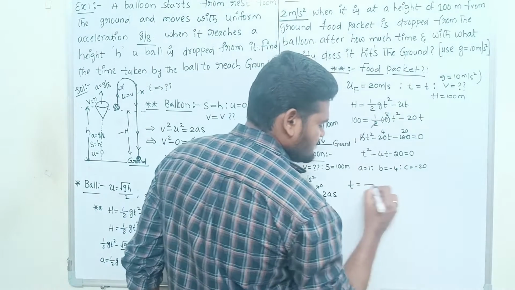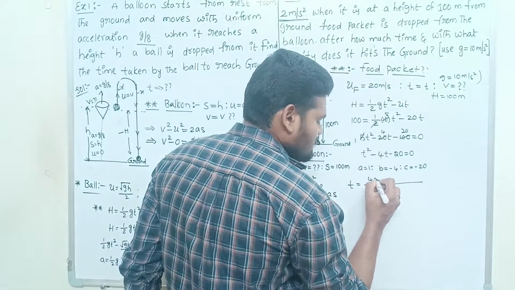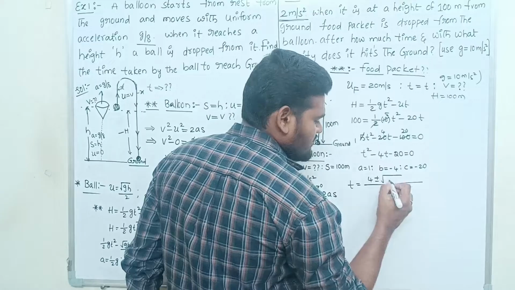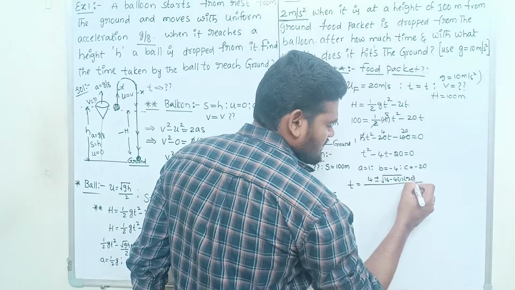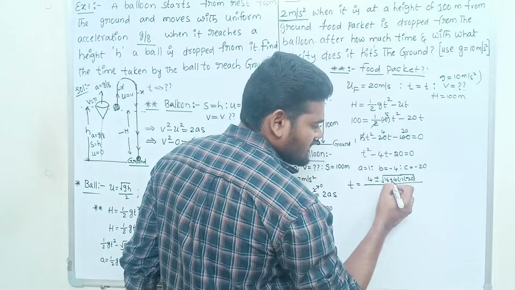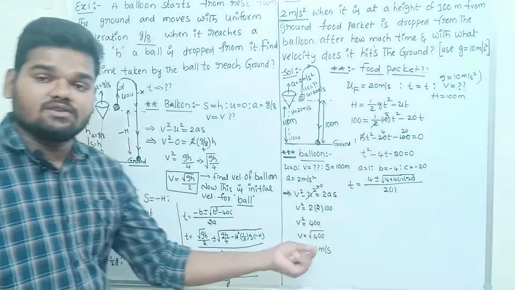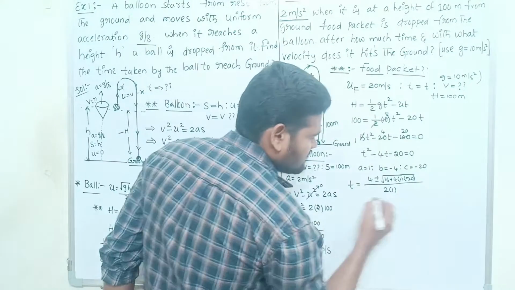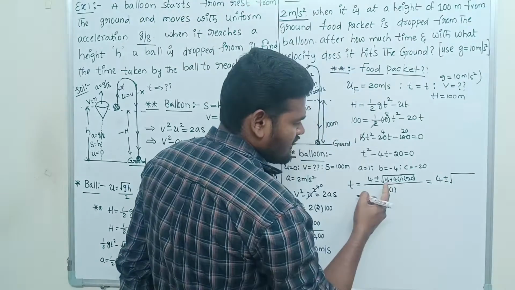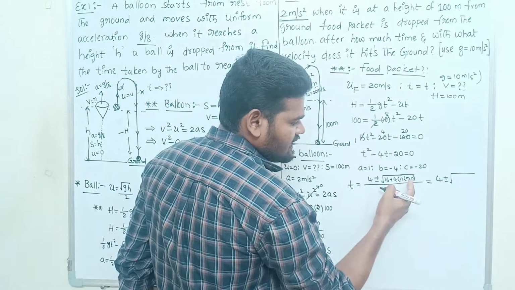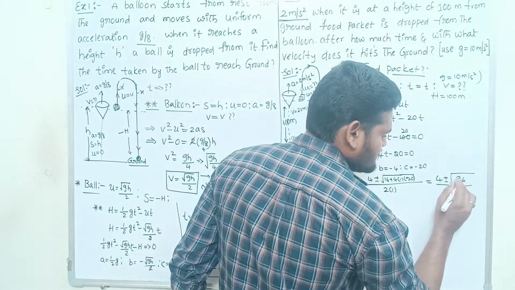Then the time t is equal to minus b plus or minus under root of b square minus 4ac, divided by 2a. c is minus 20, so minus into minus is plus. 2a is 2 into 1, which is 2. Then t is equal to 4 plus or minus under root of 80 plus 16, that is 96, divided by 2.